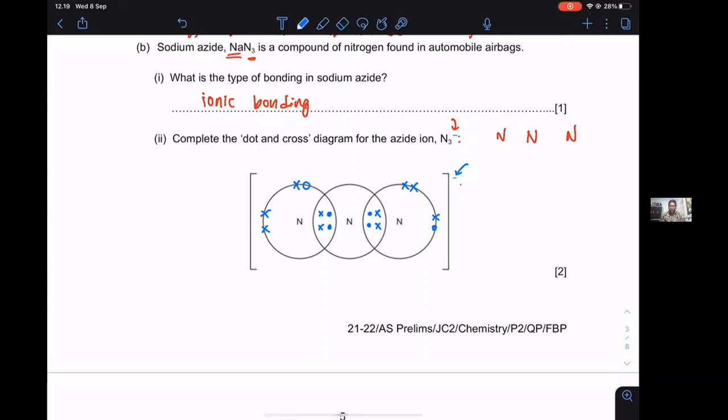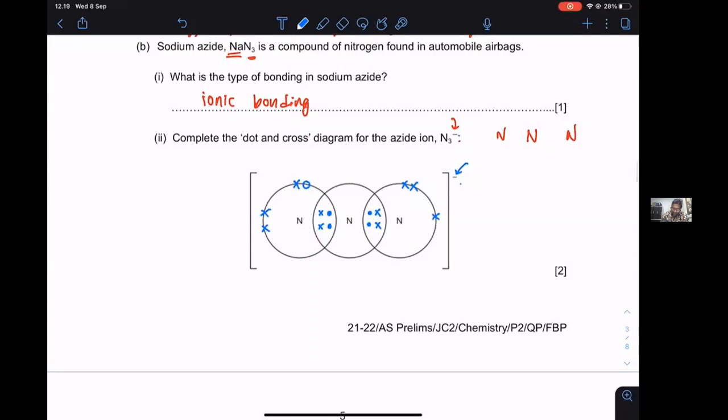You can put it over there. Or, if you're wondering why suddenly one dot comes over here and that is confusing, it's okay. We can remove this, put the dotted electron here, and then put this one over here. No problem.